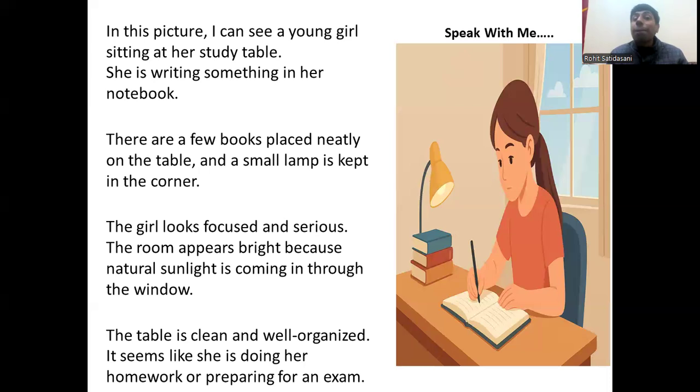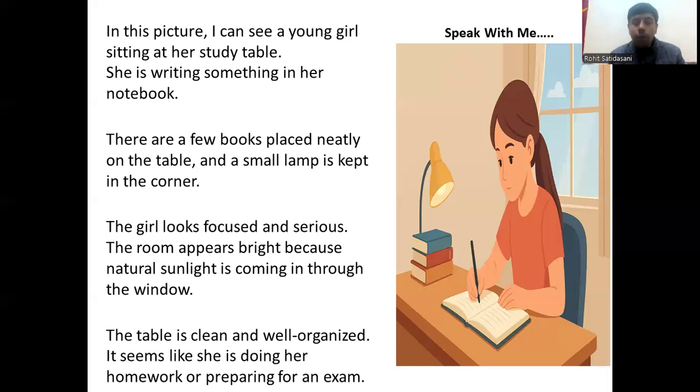Or she might be writing, like describing to the diary or talking to the diary in the form of a diary entry at the end of the day. So these are our assumptions, which we can add on to any picture and make it interesting.